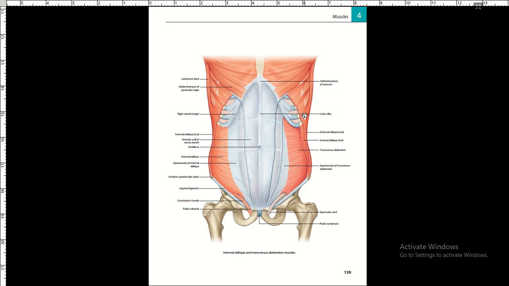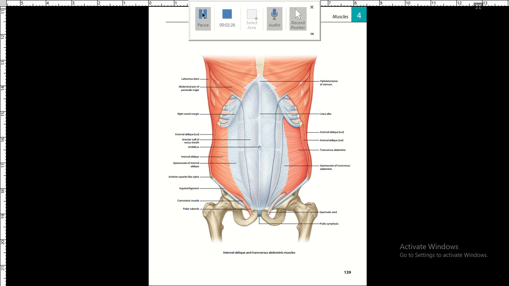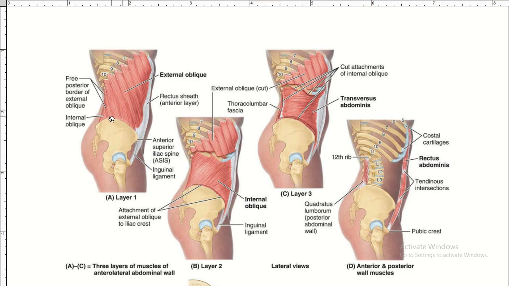Posteriorly, you can see that it is a free border, a free posterior border of the external oblique. It does not originate from the thoracolumbar fascia.